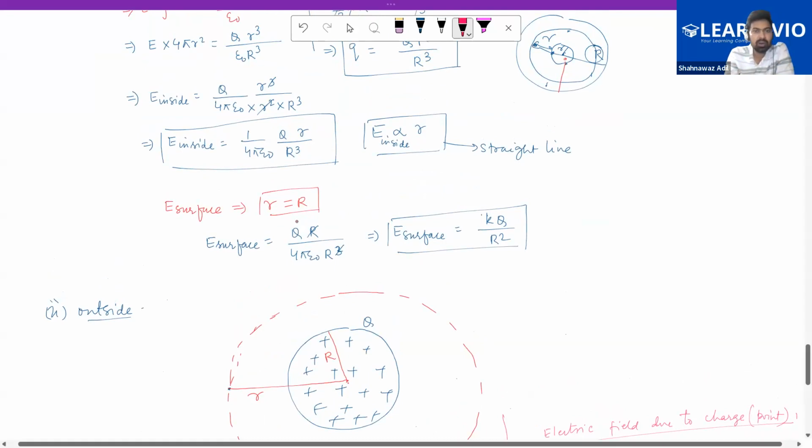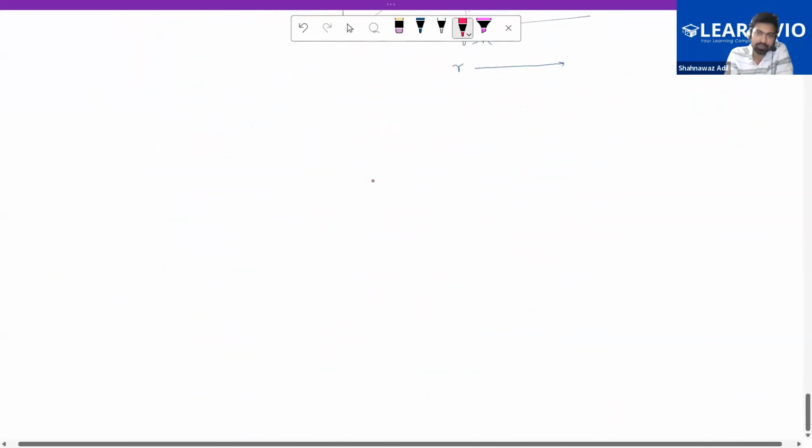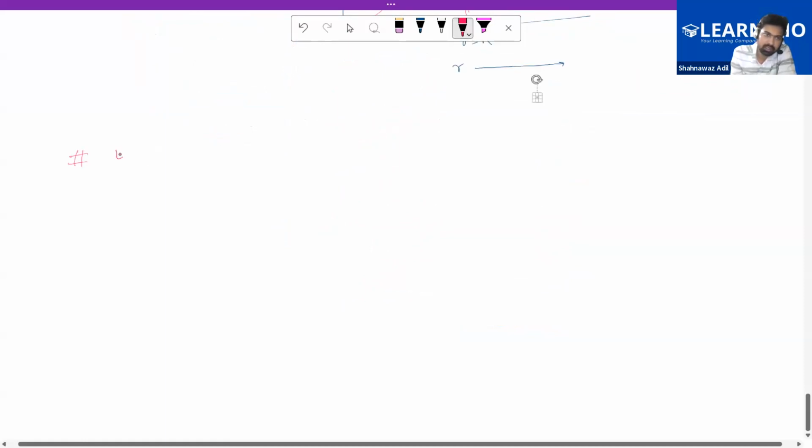So in terms of rho, how can we write these things? Let us write the electric field in terms of rho.